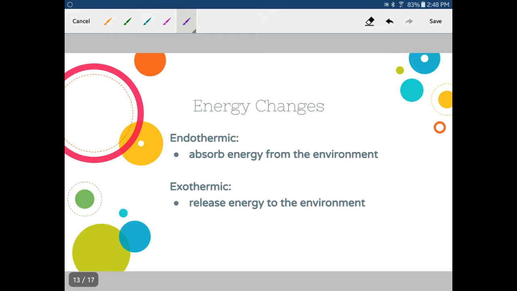Now, when we talk about solutions and dissolving entities in water or any other solvent, we often need to refer to some energy changes. With endothermic and exothermic, endo and exo are your key words to look for. Endothermic reactions absorb energy from the environment, whereas exothermic reactions release energy to the environment.